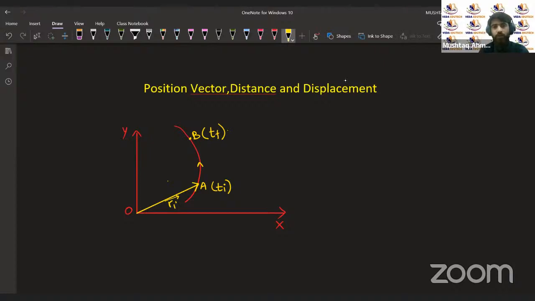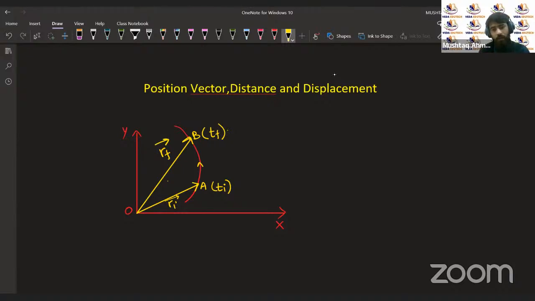Let's denote the position vector of this new position with Rf. So the new position of this particle is given by this Rf vector, correct?